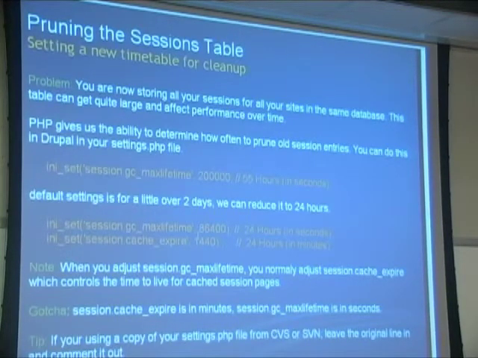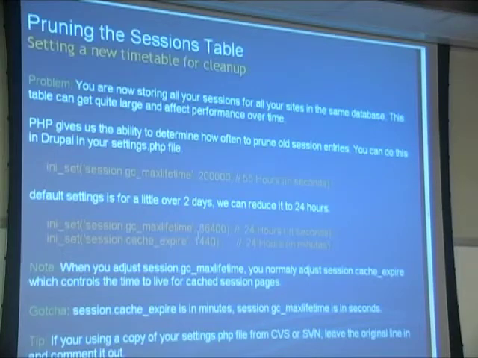The bigger the tables get, the slower the website can become. So you end up with that death by success, where the website gets a lot of traffic, things start to slow to a crawl. The sessions table is how Drupal basically handles who's logged into which website. As you hit the website, it stores a record in the sessions table, and then when you come back, it just basically does a handshake to confirm who you are.